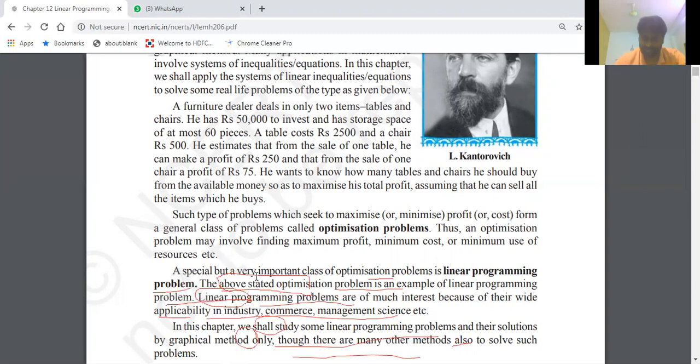Clear? Thus, an optimization problem may involve finding maximum profit, just like the previous example, or minimum cost. We always have to minimize the cost and maximize the profit. That everyone knows, every common businessman knows. Correct or not?